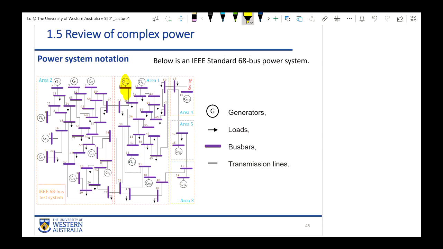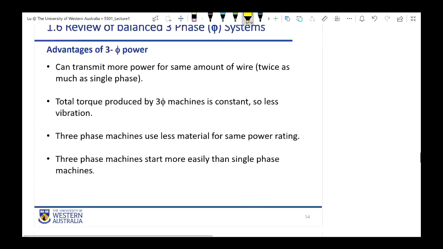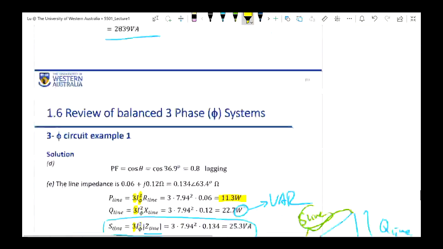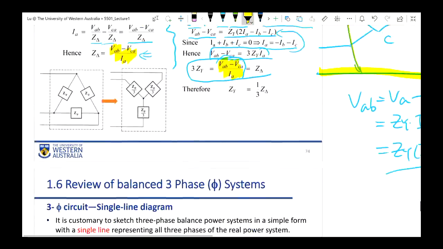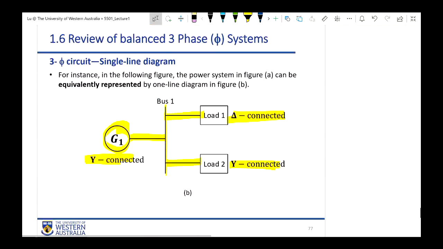So you need to understand what bus means and what all these circles are. But anyway, this just gives you some idea how to understand the one-line diagram. Now we come back to our lecture slides. Single line or one-line diagram. So this part is done.